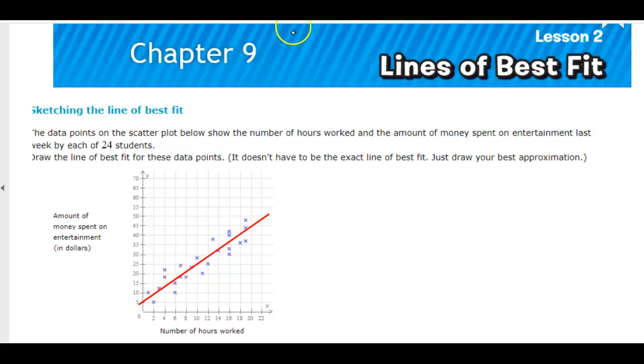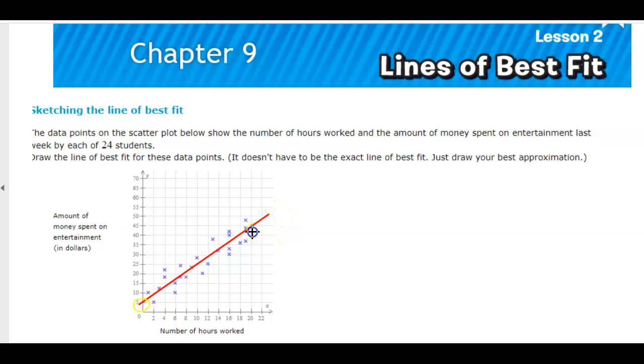There's one thing that I want you guys to be aware of: when you are drawing a line of best fit, sometimes it makes it a little bit easier if your line of best fit goes through a point down here, like the 5 over 0 and up 5, because we might have to write an equation, and if it goes through an exact point like that, it makes it a little bit easier.